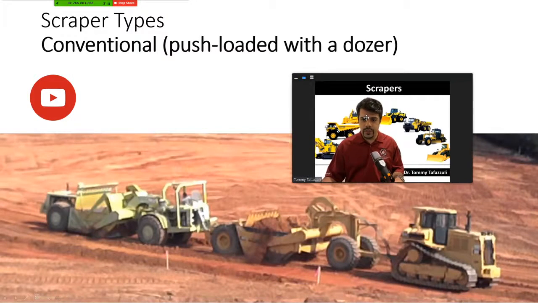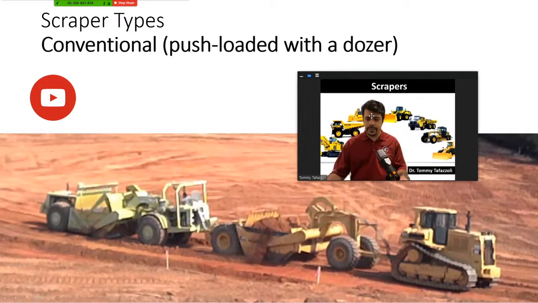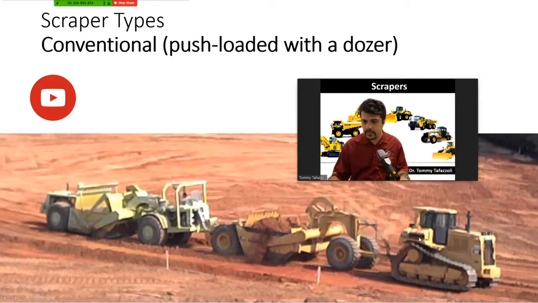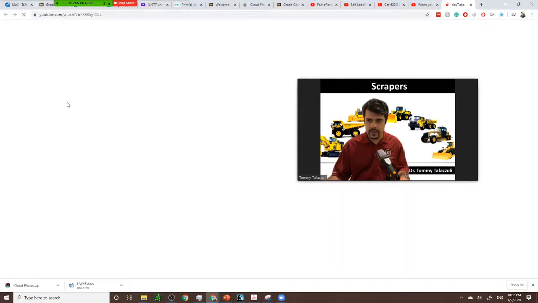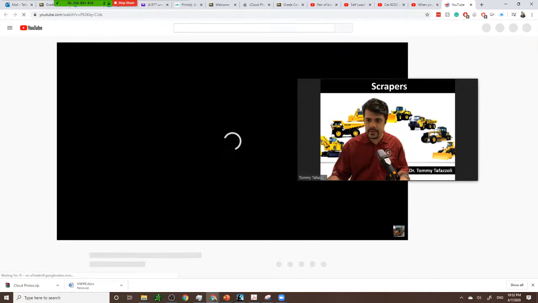Conventional push loaded with a dozer. So as you can see here, a dozer is pushing the scraper. Okay, so let's watch this video to see what is the mechanics of this.